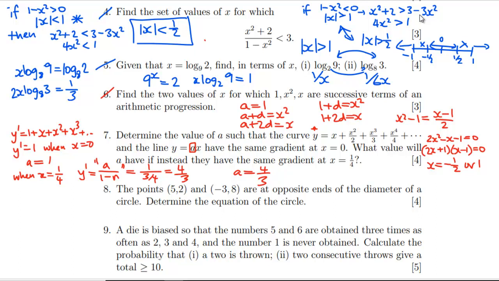Right. The points 5, 2 and minus 3, 8 are at opposite ends of the diameter of a circle. Determine the equation of the circle. Right, the midpoint of that line is going to be at 1, 5. Just averaging those numbers for x and y.